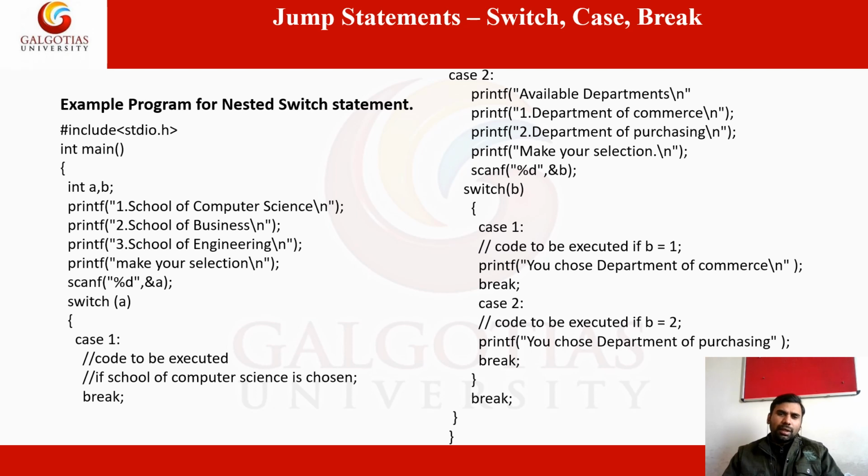Which selection? Inside this, choose the department, either purchasing or commerce, and according to this, the code will be executed. If it is case 1, the commerce department will be executed, and case 2, purchasing is executed.